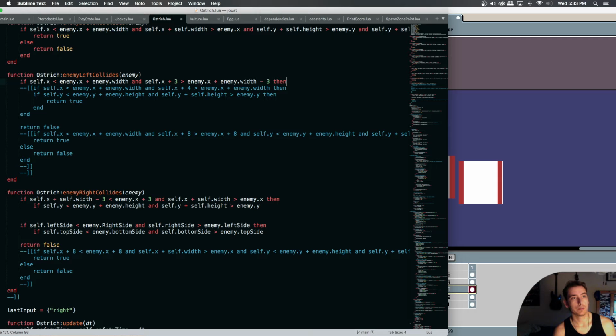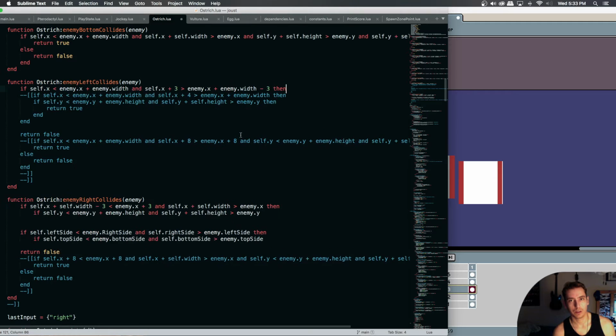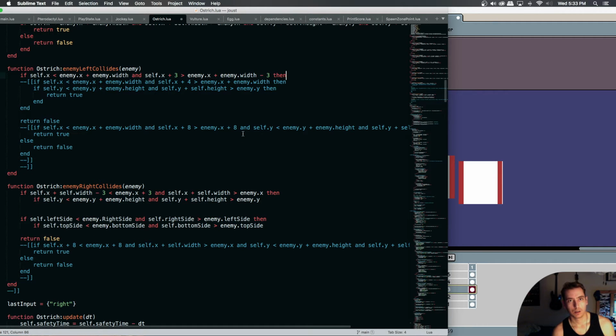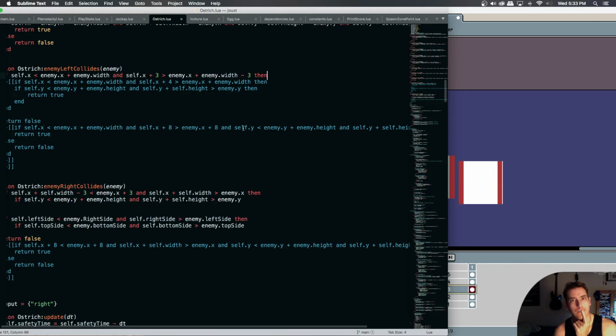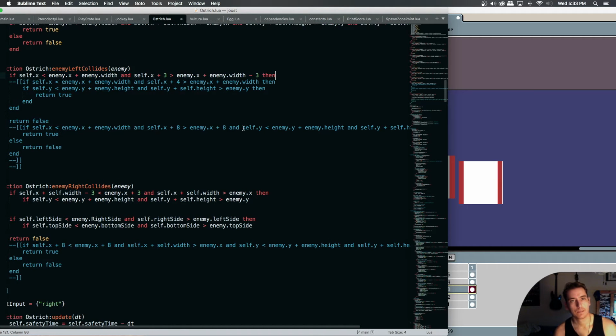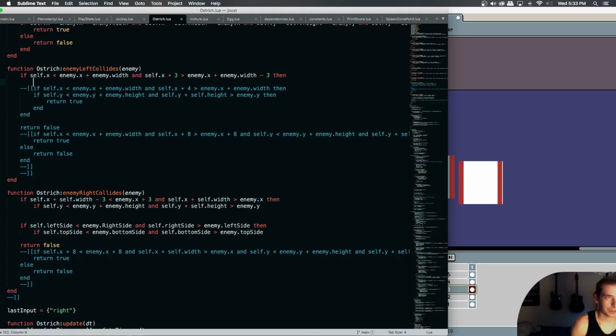That's why it's so confusing. We had +8 and +8, weirdly enough. Yeah, we had an 8 pixel buffer instead of something like a 3.